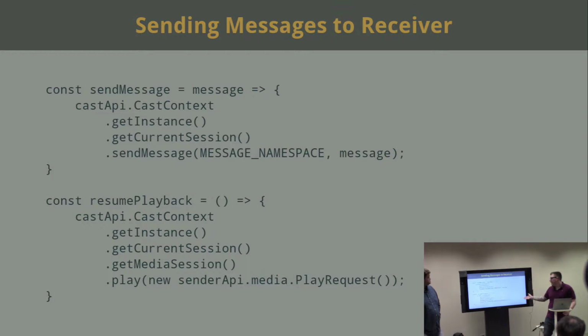But for just play and pause, you just tell it to play or pause, and it will pause whatever media is currently playing, or resume it. Yeah, these are just pre-built messages for you, because under the hood they basically do the same thing. 99% of Chromecast applications are for playing media, so they provide a lot of those common ones for you.